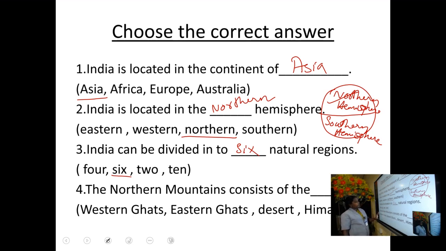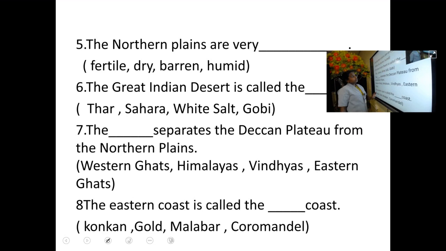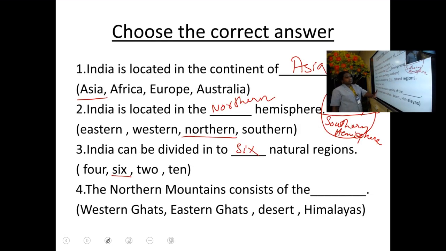Then the 4th one, the northern mountains consist of the dash. The options are the Western Ghats, Eastern Ghats, desert, Himalayas. So the answer is Himalayas.